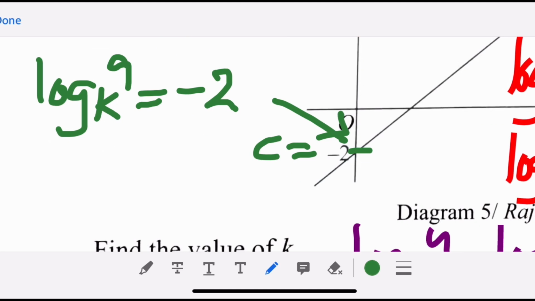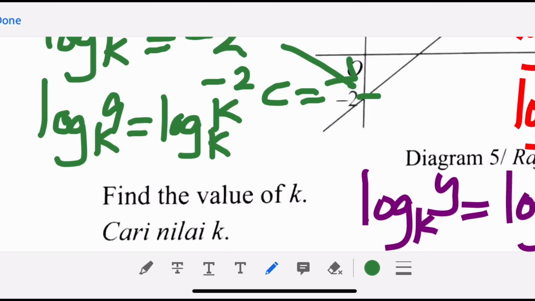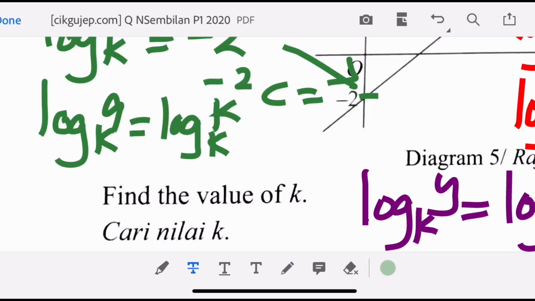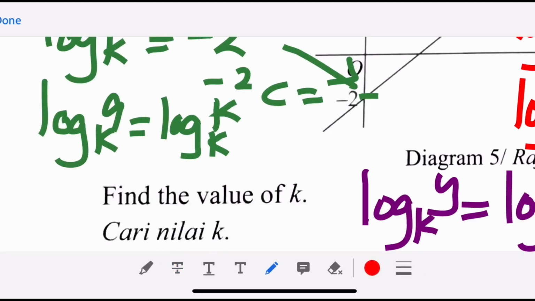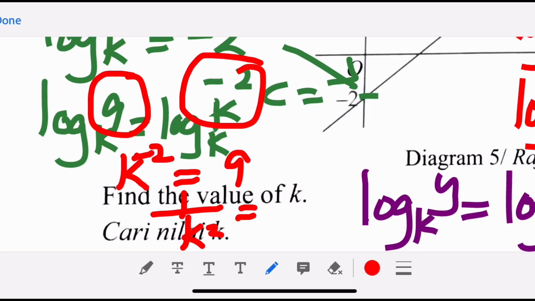So log base k 9 is -2. Then we can make the base the same, like this: log k k to the power -2. Or you can write it as 9 equal to k to the power of -2, which is the same. You can apply the basic law. So 9 is k to the power of -2. You have to be very careful.